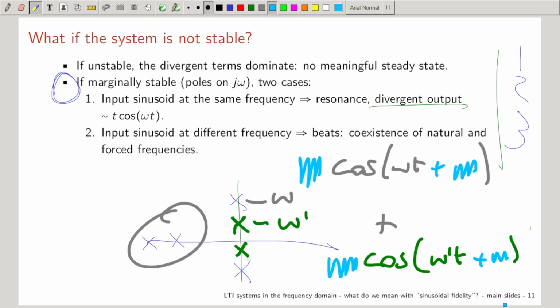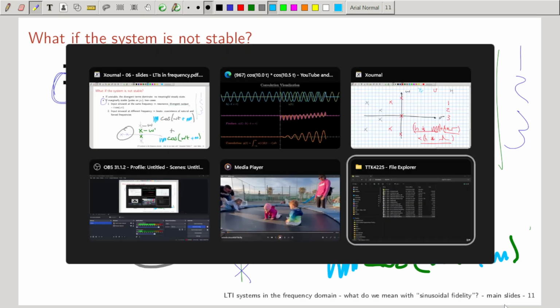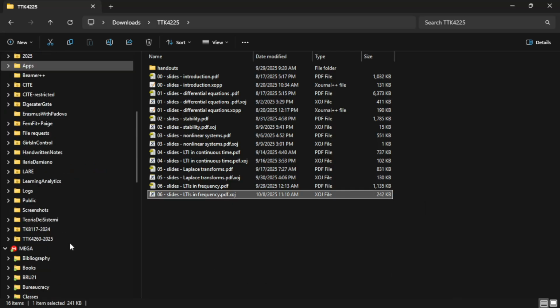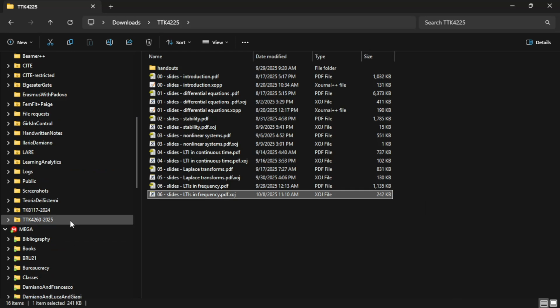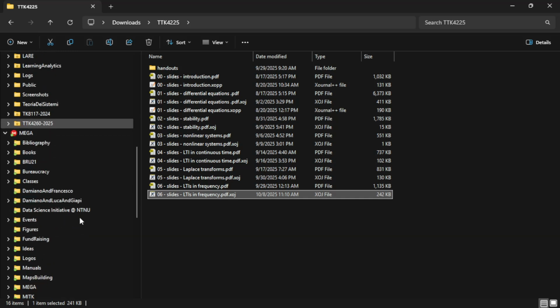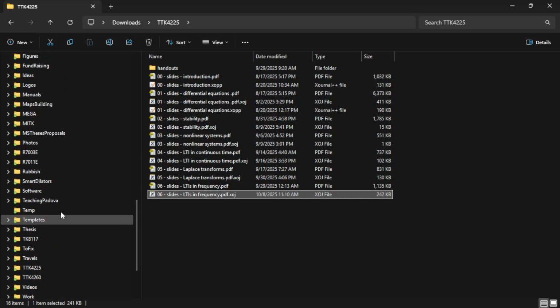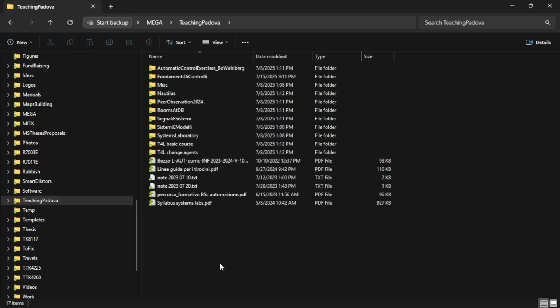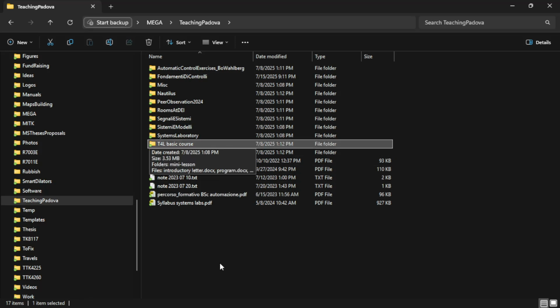Perfect. Then let's do a last thing. I don't remember. I'm dumb because I put some stuff and then I forget to put some other stuff.